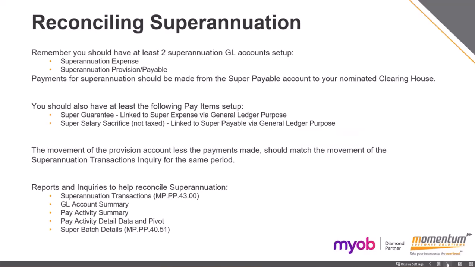So the movement of the provision account less the payment made should match the movement of your superannuation transaction inquiry for the same period. You can run your superannuation transaction report, your GL account summary, and GL history reports to make sure that the superannuation balance for the same period is matching the GL account balances.